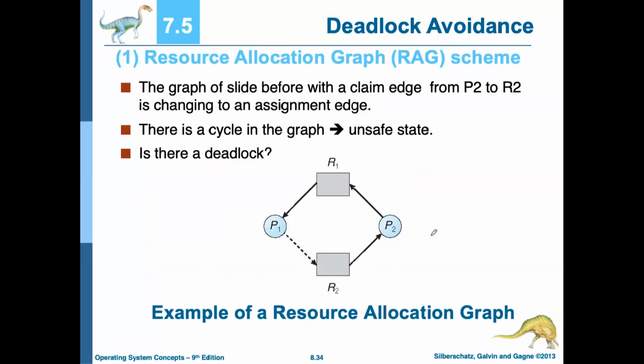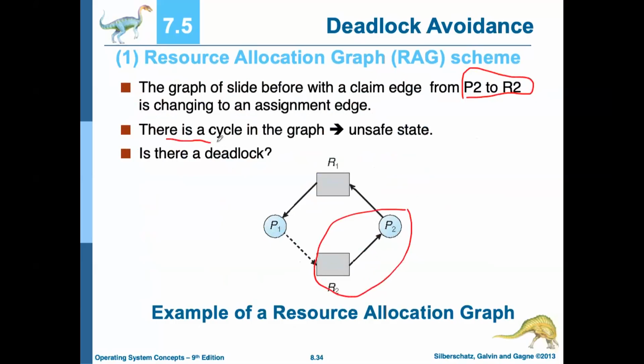Next, based on this diagram, the graph from the slide before with claim edges from P1 to R2 and P2 to R2 is changing to an assignment edge.